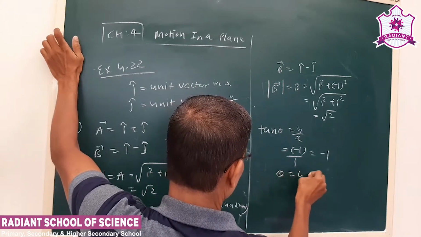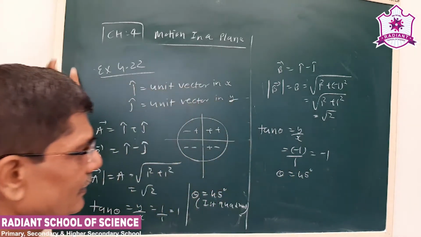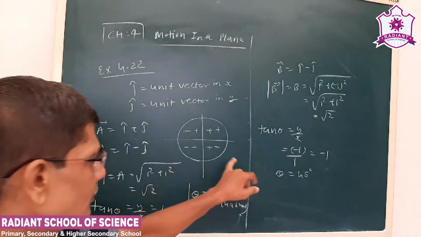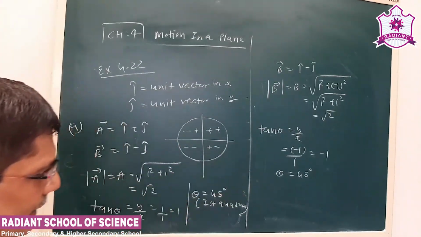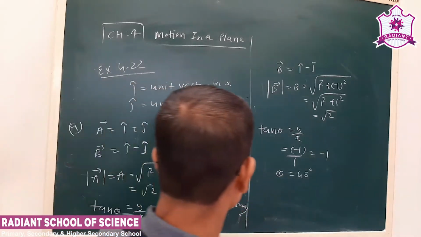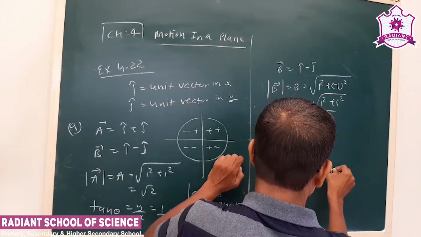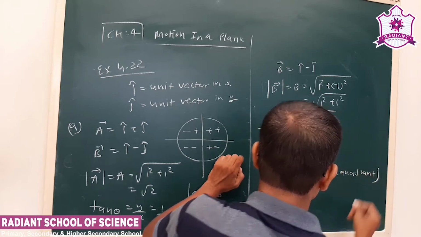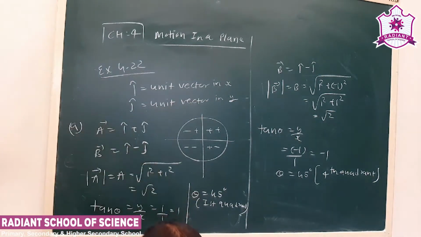See, theta is 45 degree. But see the y component here is negative, x is positive, so that will be in the fourth quadrant. You can write like this, 45 degree in fourth quadrant. Or see the angle will be like this.